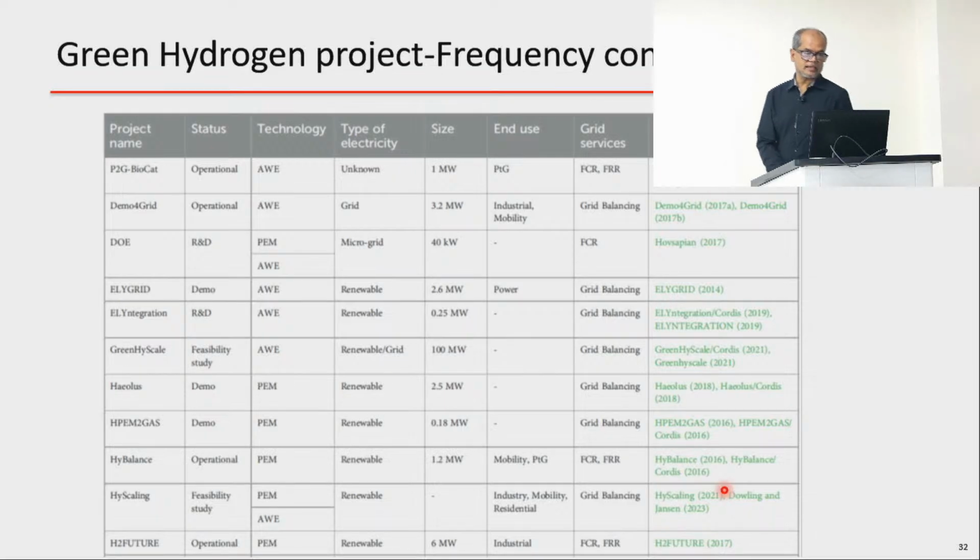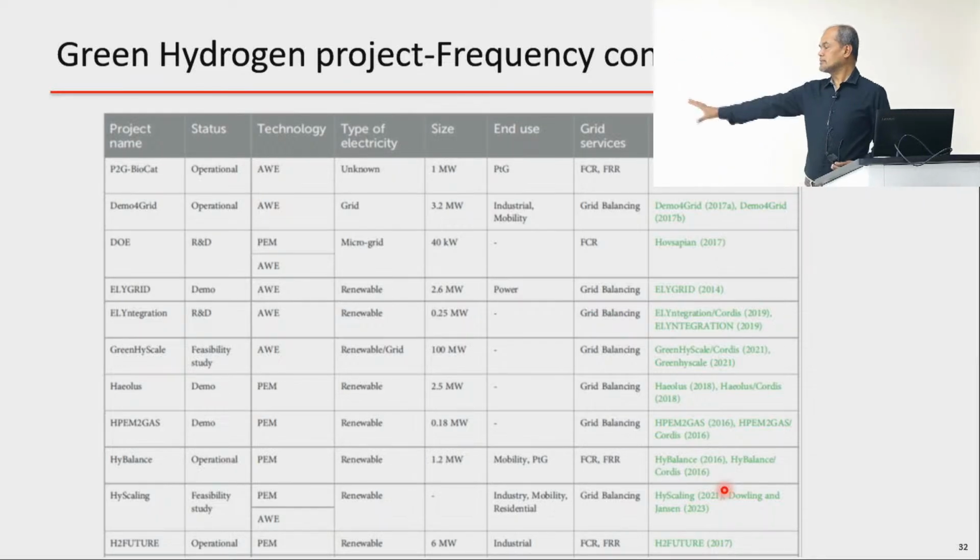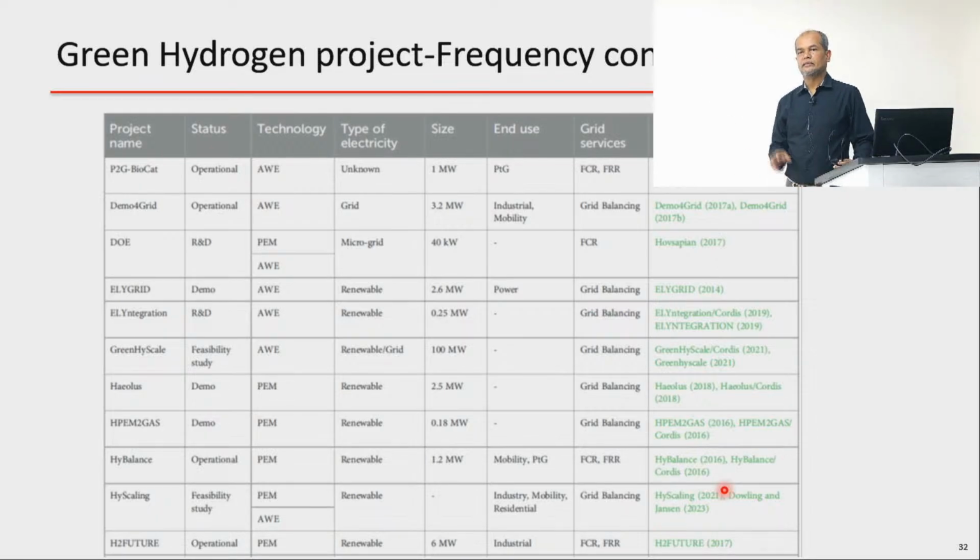So what I am trying to say is that it's not only an idea; the technology is already available, and some of them are already operating, but not commercially providing service. Once the demonstrations are successful, they will check whether it is also economically viable, because for most of them the target is to see whether it's technically viable.